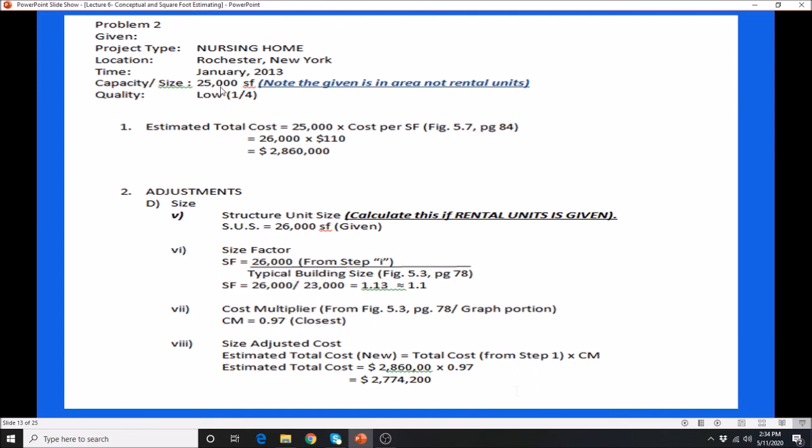So again, that's a typo. It should be 26,000 here, just to make it clear. And then that will give you a size factor of 1.1. Look again at the graph, and the closest to that is 0.97. So this cost multiplier here, you multiply that to the initial cost, and that will give you 2,774,000.